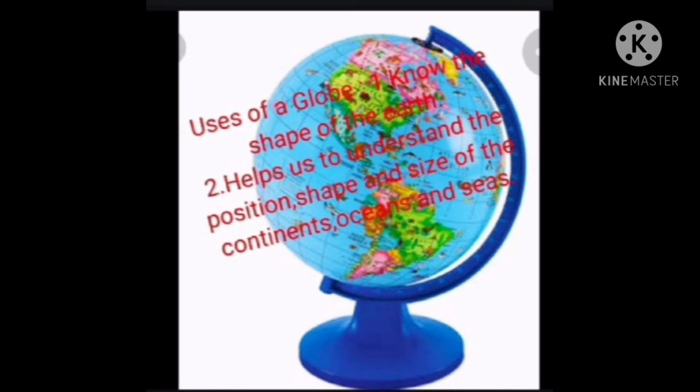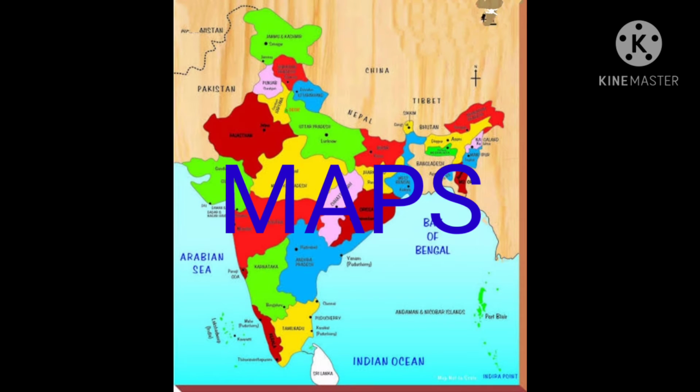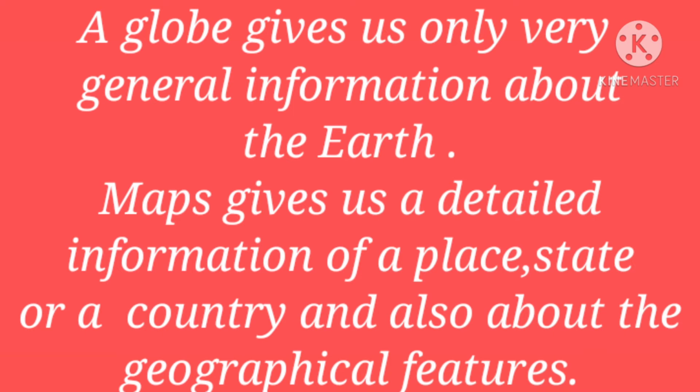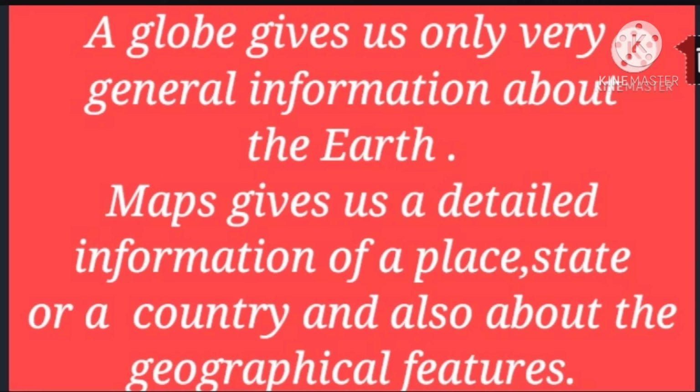Now we shall move on to maps. The globe can give us only the very general information about the earth, but maps give us detailed information of a place, state or a country, and also about other geographical features of a particular place.